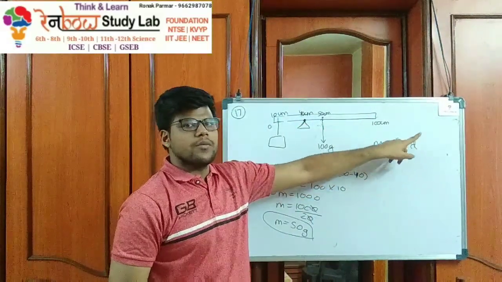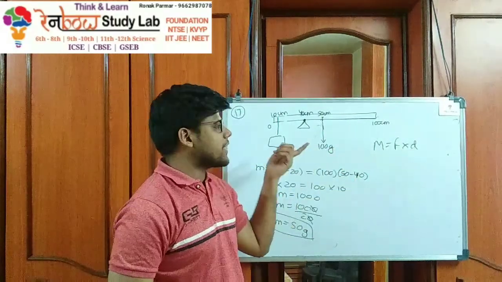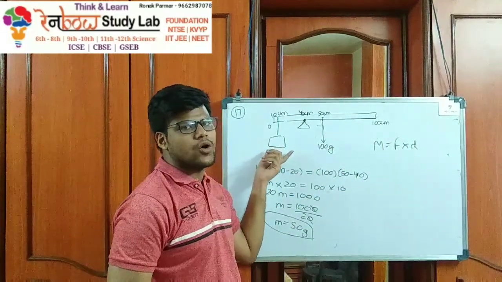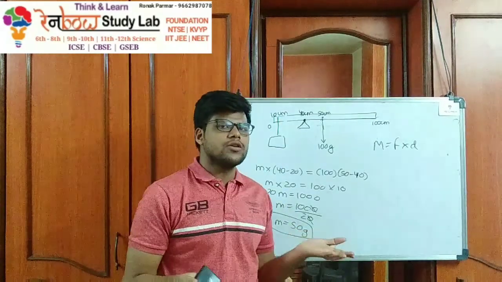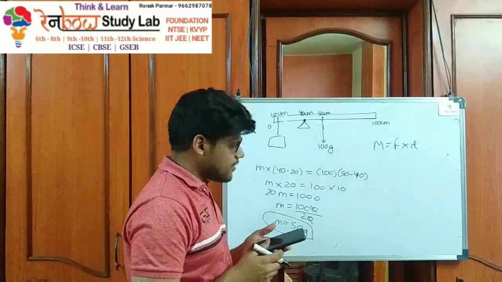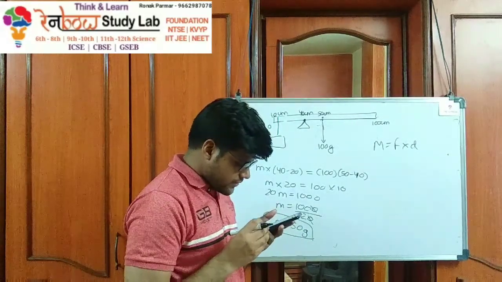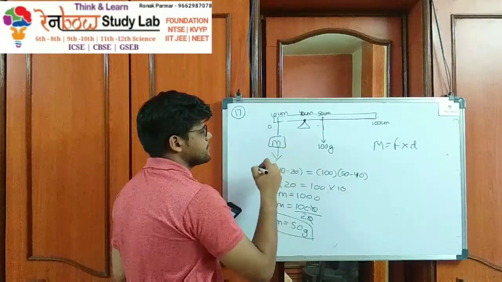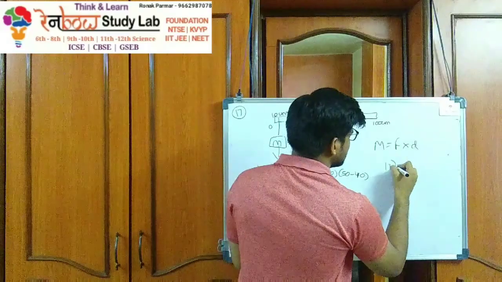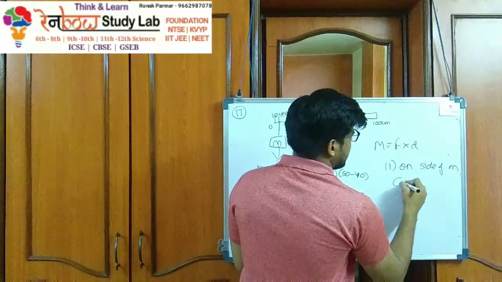Because distance has increased, moment will increase. What kind of moment is this applying? Anti-clockwise, downwards on left side. So the ruler will tilt in anti-clockwise direction. So second answer must be on side of M. The ruler will go down or anti-clockwise.